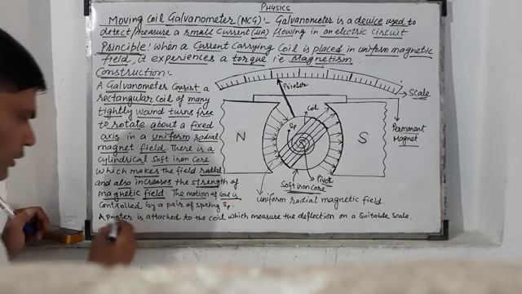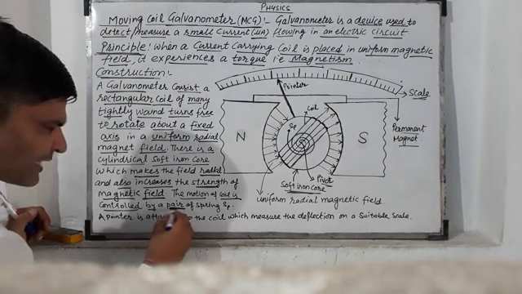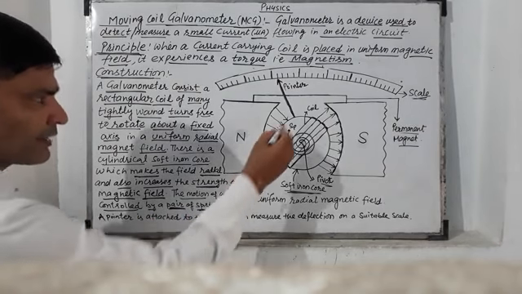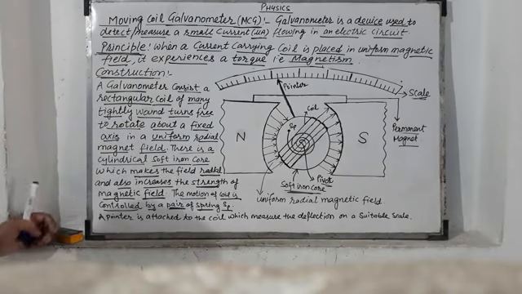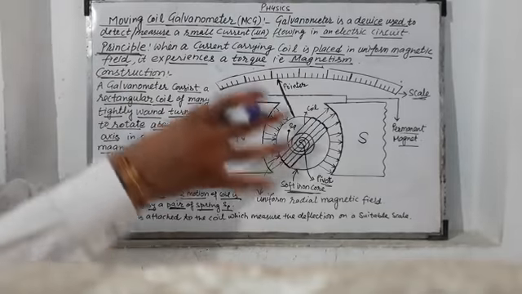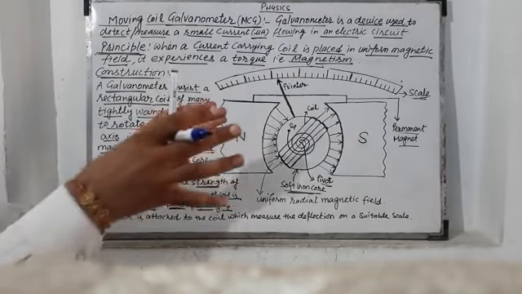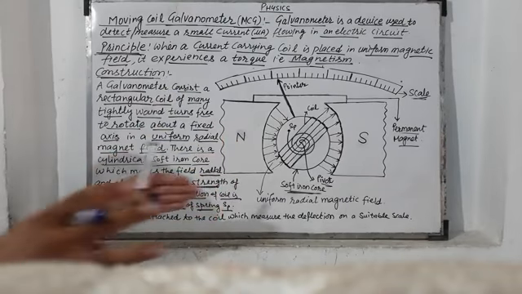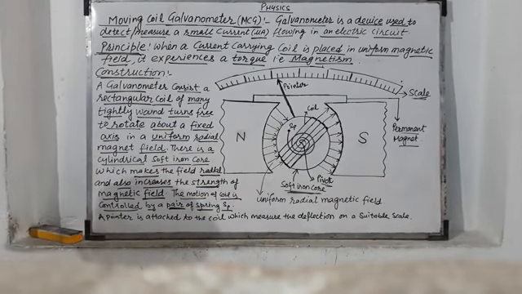The motion of the coil is controlled by a pair of springs. These springs are on both sides and control the motion of the coil.